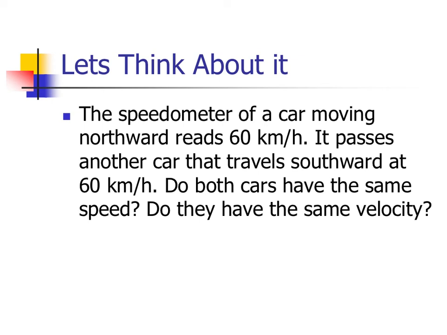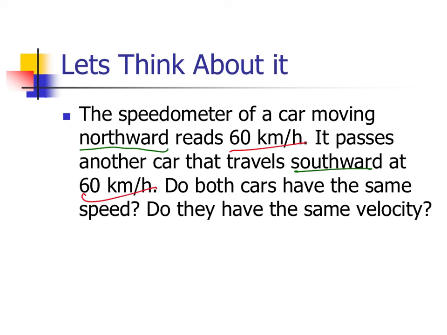The reason why they have the same speed is the numbers for these units are exactly the same. Okay? What gives them a different velocity is the direction that they have.